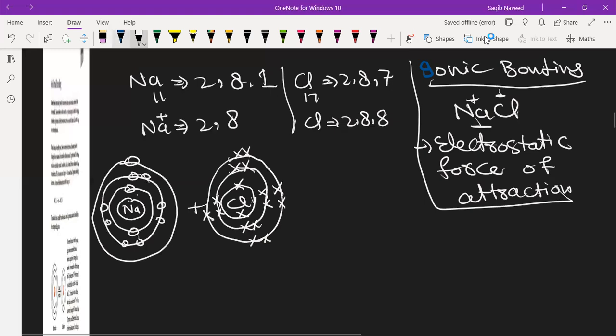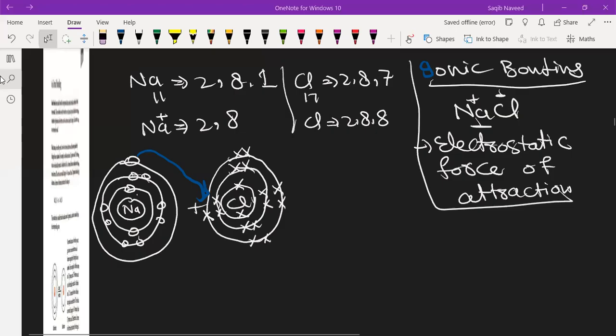What is going to happen? Sodium is going to transfer its electron from sodium to chlorine.